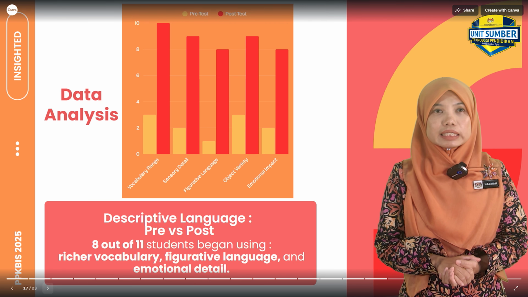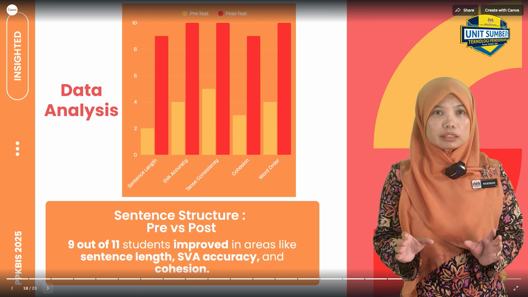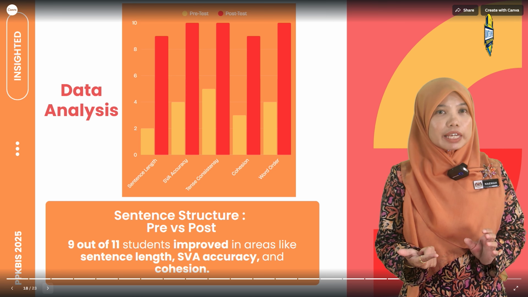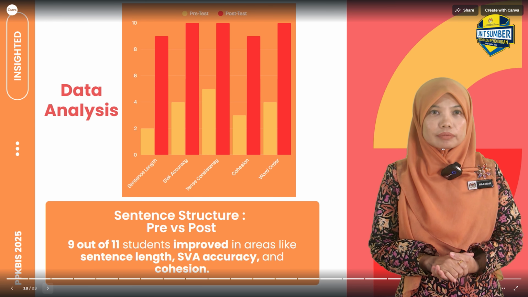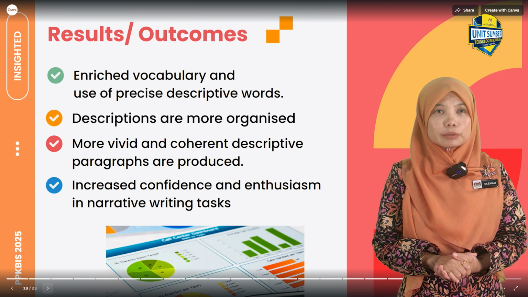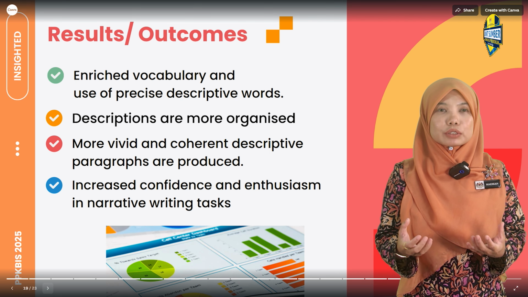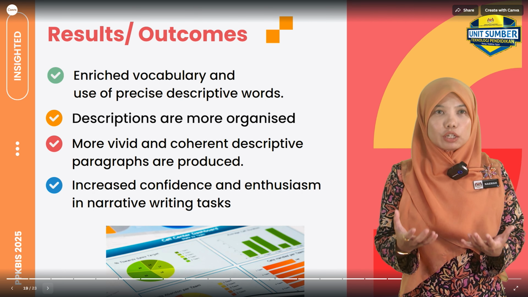Next, in terms of sentence structure, 9 out of 11 students have improved in areas like sentence length, subject-verb agreement accuracy, and also cohesion. So it shows that the students have improved by using details to describe the object.